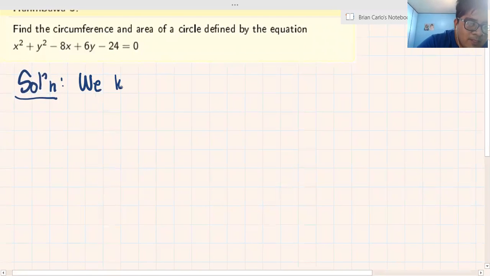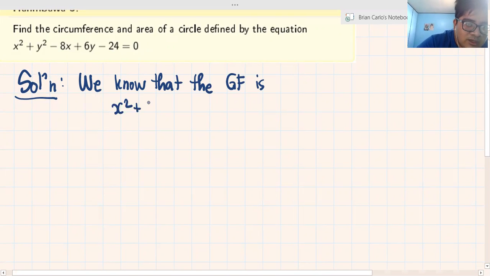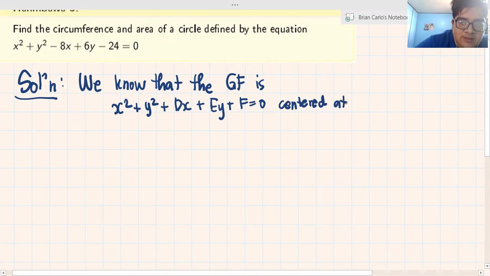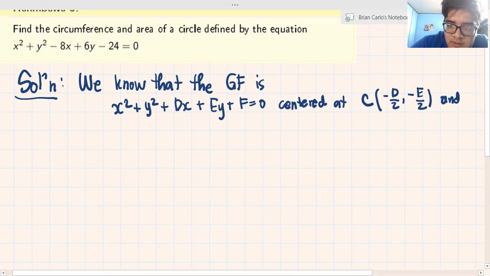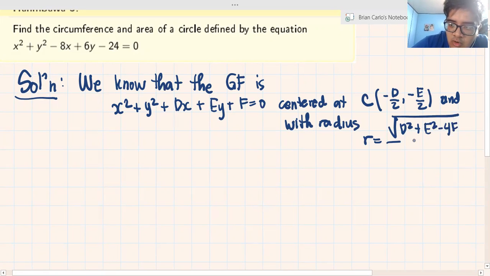We know that the general form is x squared plus y squared plus dx plus ey plus f is equal to 0, centered at negative d over 2, negative e over 2, and with radius r, which is equal to the square root of d squared plus e squared minus 4f all over 2.